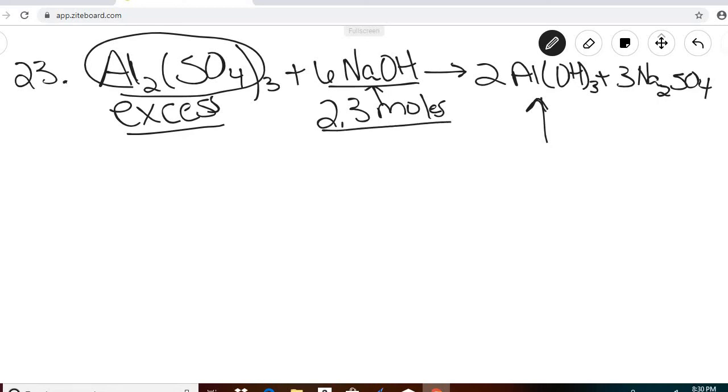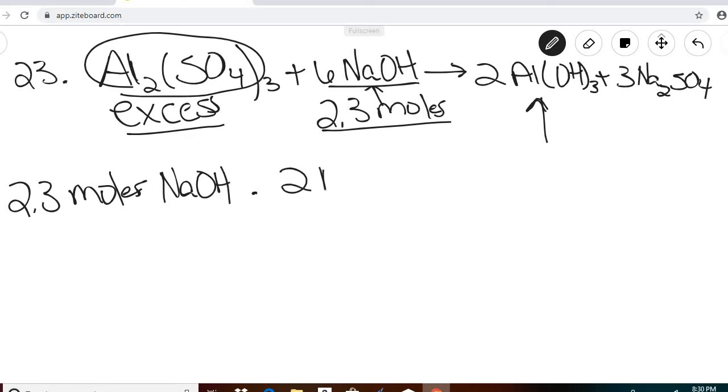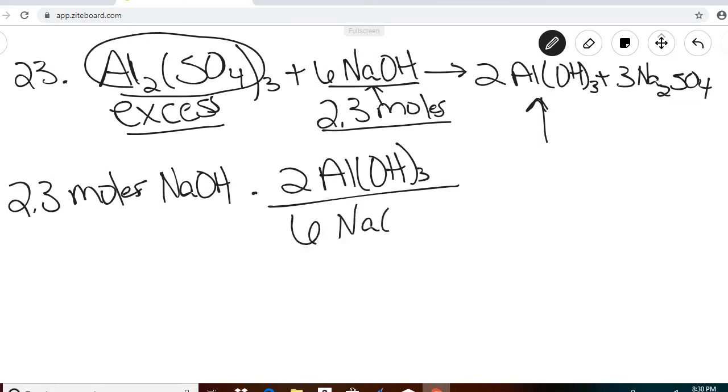Well, since this is in moles, we can go right into using stoichiometry. So 2.3 moles of NaOH. And there are 2 of the AlOH3 for each 6 of the NaOH.